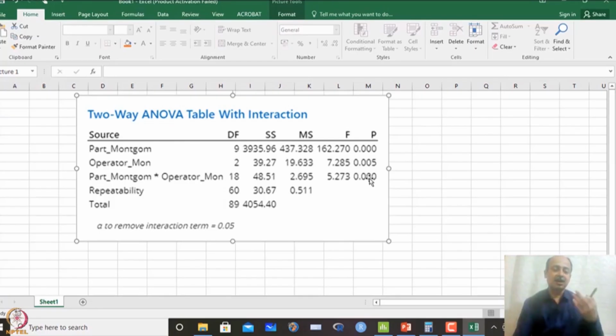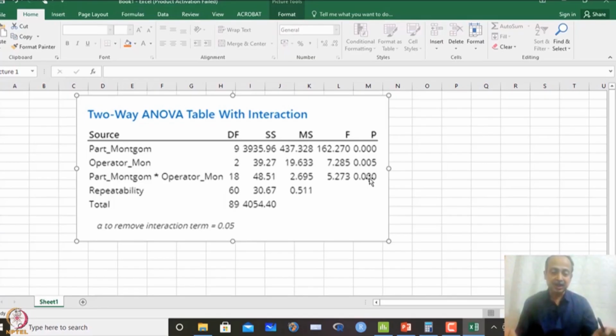That means, operator A measures part 1 differently, but that same operator measures part 2 differently. That means there is some interaction over here. So, measurements depend on the part. There is a dependency between parts and operator. So, there is an interaction between part and operator, that is also not required.